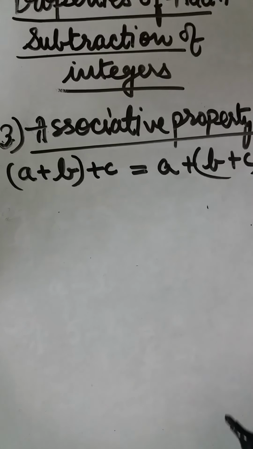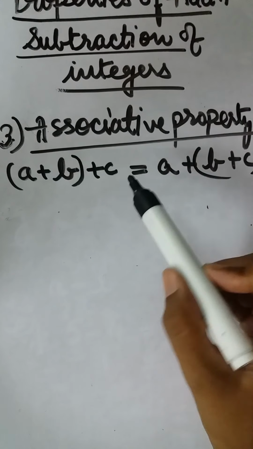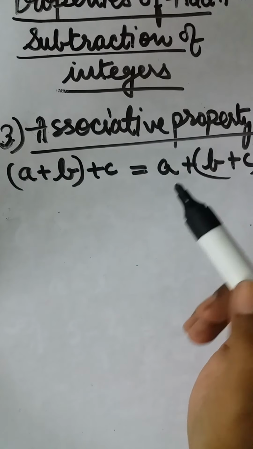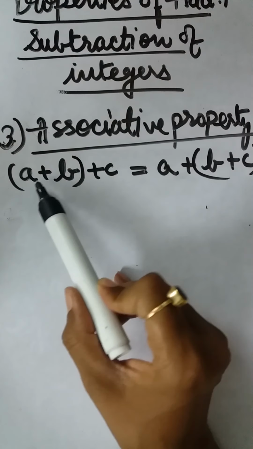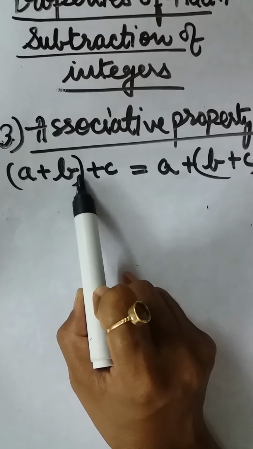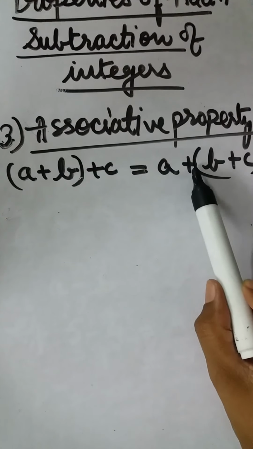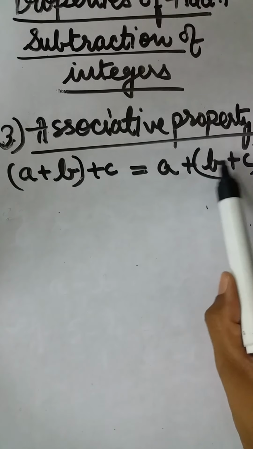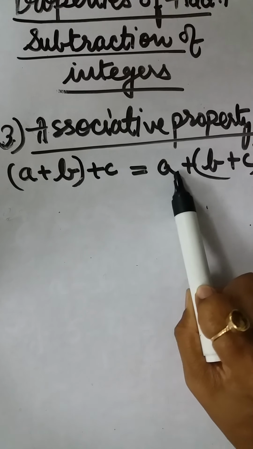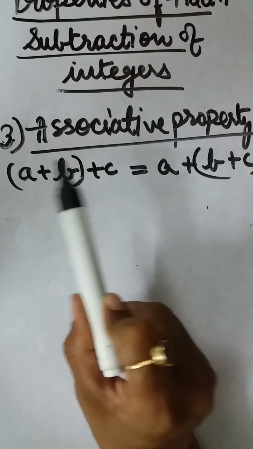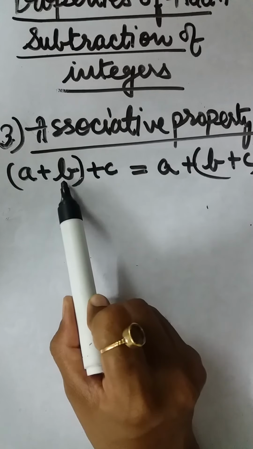Associative property. If we have a, b and c, any three integers, and we add them in different groups, like a and b added first and then we add c to it, or we change the group, b and c added first and then we add a, or a and c added first and then we add b.